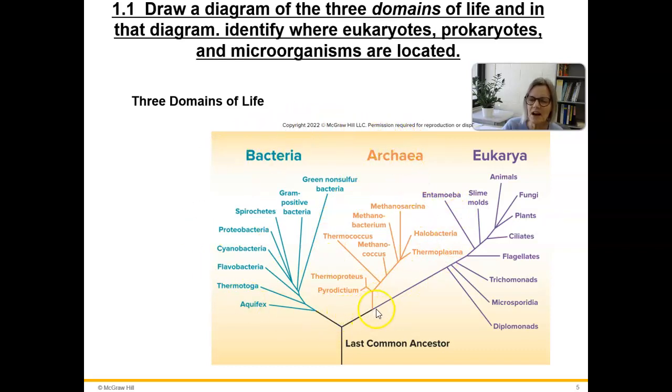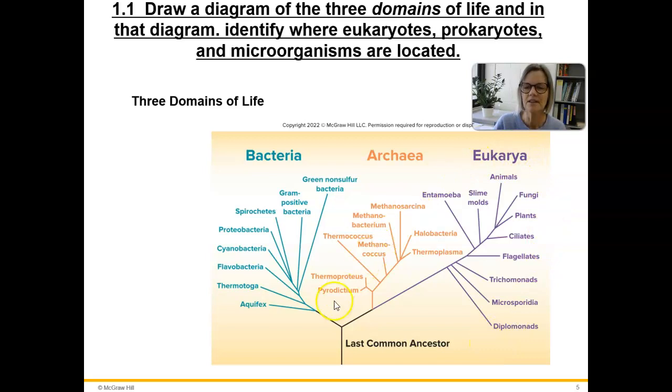And then over time, the eukaryotes branched out, and we put that in a domain called eukarya. And you'll notice some familiar organisms here, animals, fungi, plants. All these others are protozoa. So those are all eukaryotic organisms.